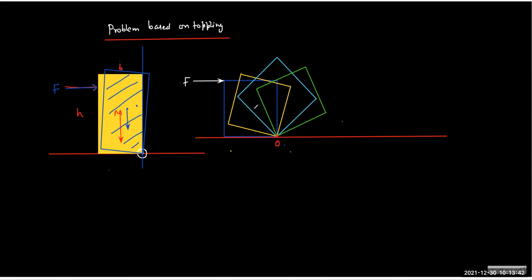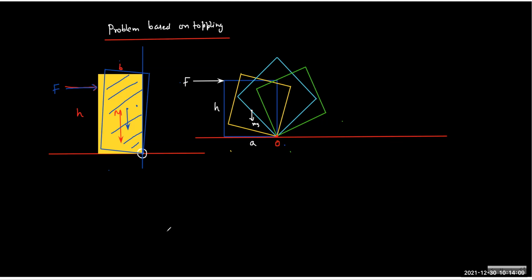Now, the question is the torque of gravity in this situation. In the very beginning, if I say the base length is A, what is the torque of gravity, mg torque about point O? mg A by 2. Correct.